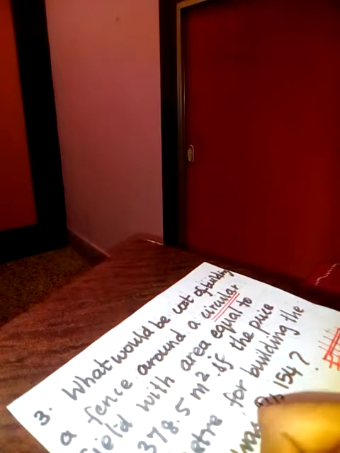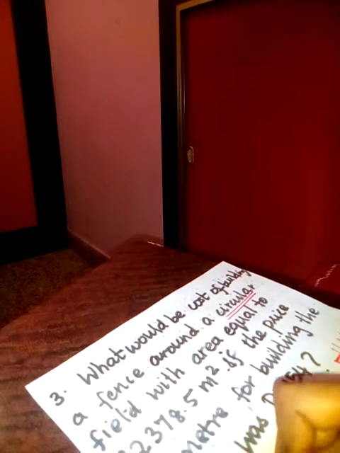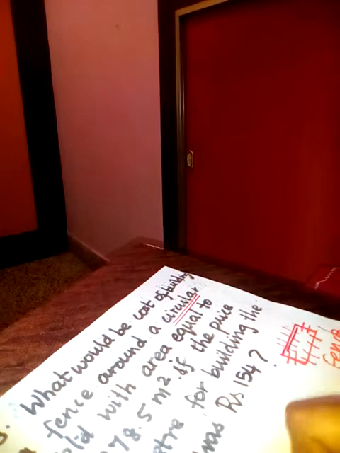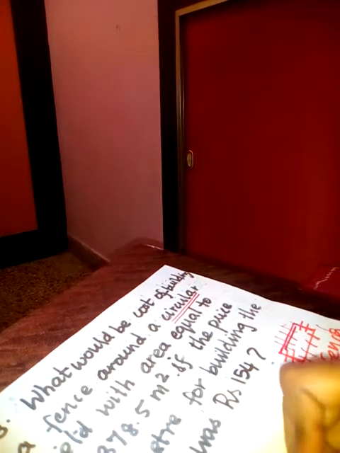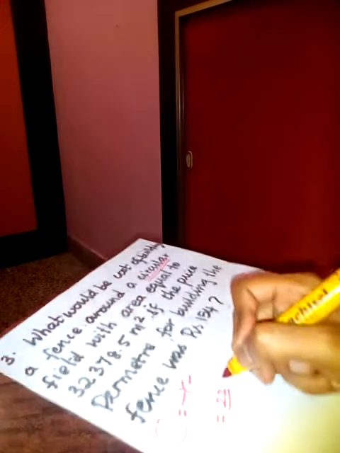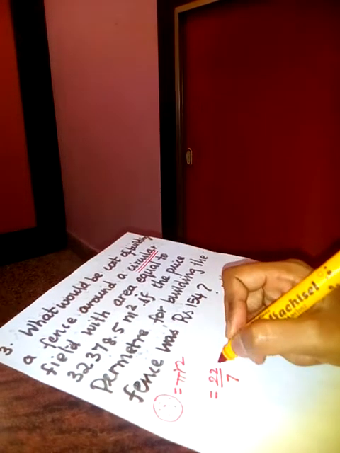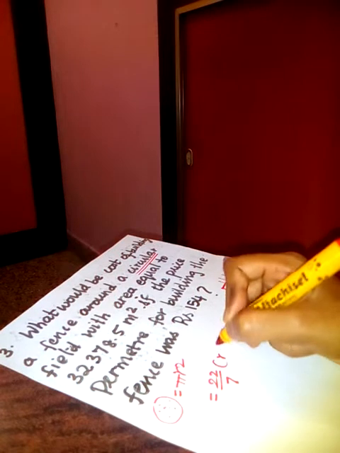The area of the field is nothing but pi r square. The radius, we don't know the radius.